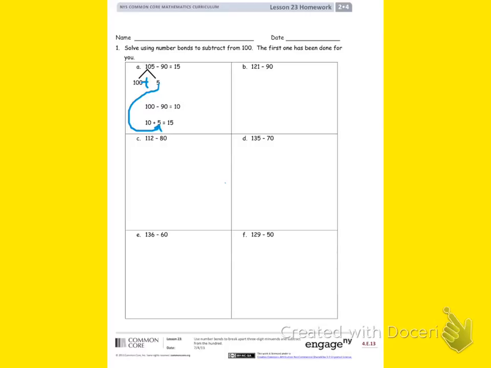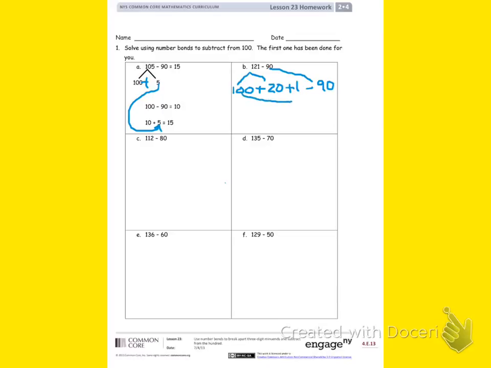Let's try to use this strategy when solving item B. If I decompose 121, it would be 100 plus 20 plus 1, and then over here minus 90.